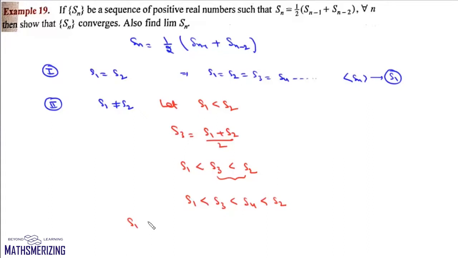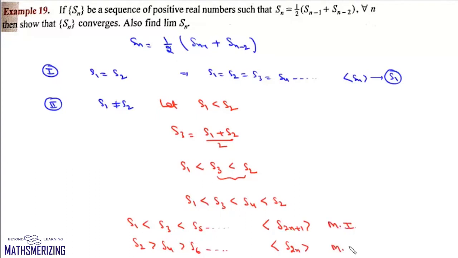Subsequence of odd terms where S1 is less than S3, is less than S5, and this second subsequence where S2 is greater than S4, is greater than S6. So this first subsequence is S2n plus 1, and this second subsequence is S2n. Now this first sequence is monotonic increasing sequence, and the second sequence is monotonic decreasing sequence.